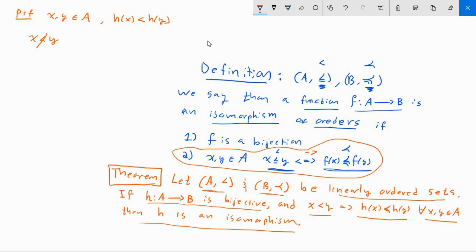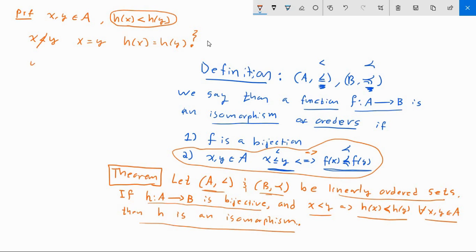Well, there's two possibilities. Since these sets are linearly ordered, all the elements must be comparable. So it's either the case that the elements were equal to begin with, in which case h of x has to be the same thing as h of y, and, well, we've already got a contradiction because we're assuming h of x is strictly less than h of y.